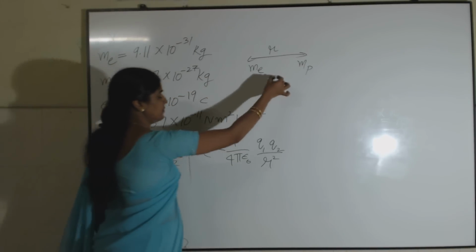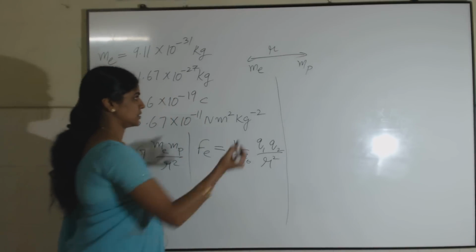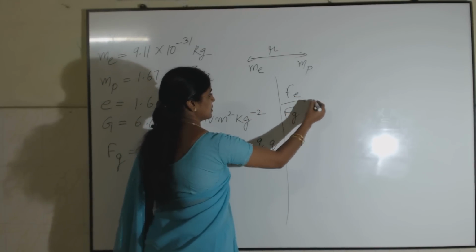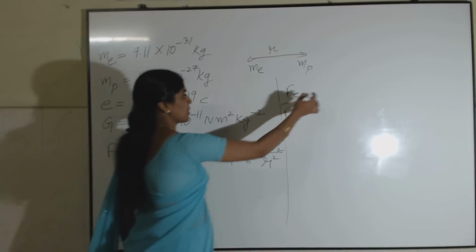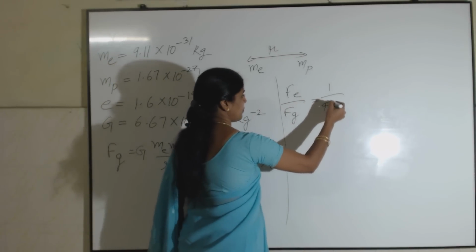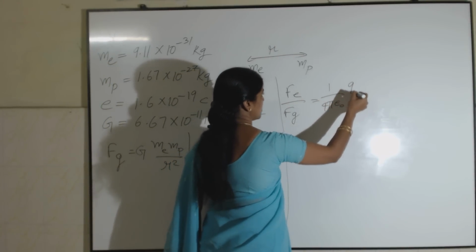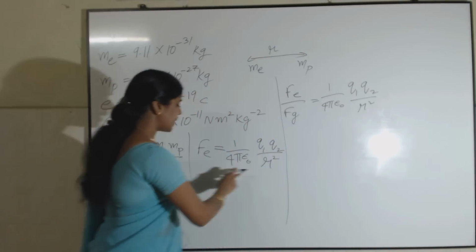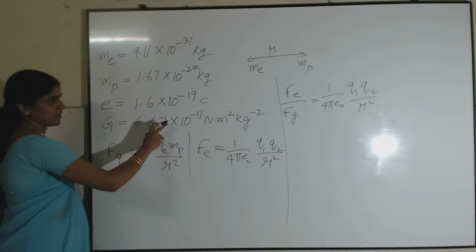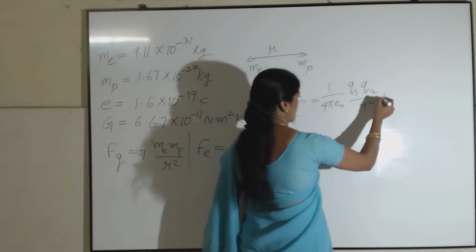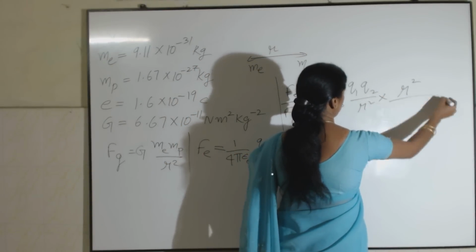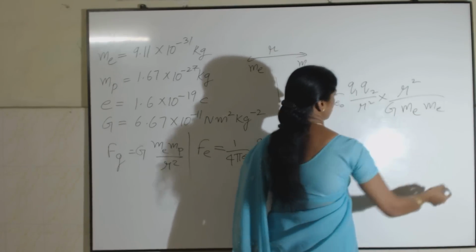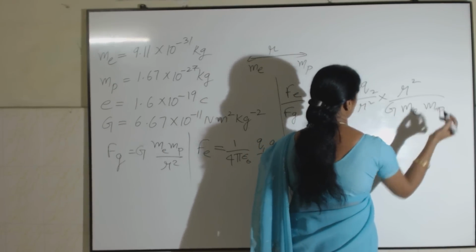Now we are going to compare these two forces. So Fe by Fg is equal to 1 by 4 pi epsilon naught q1 q2 by r square divided by the Fg value. If you take the reciprocal, it will be r square by G me mp, the mass of the electron and the mass of the proton.